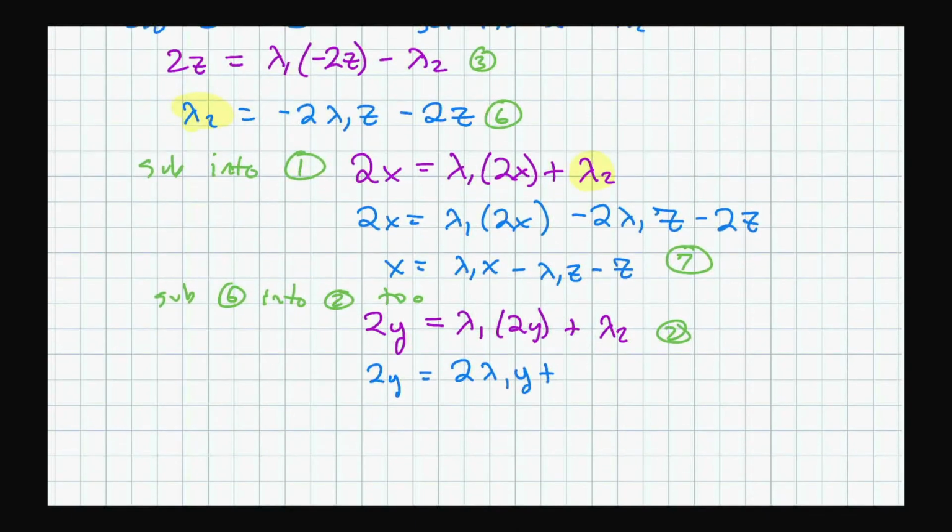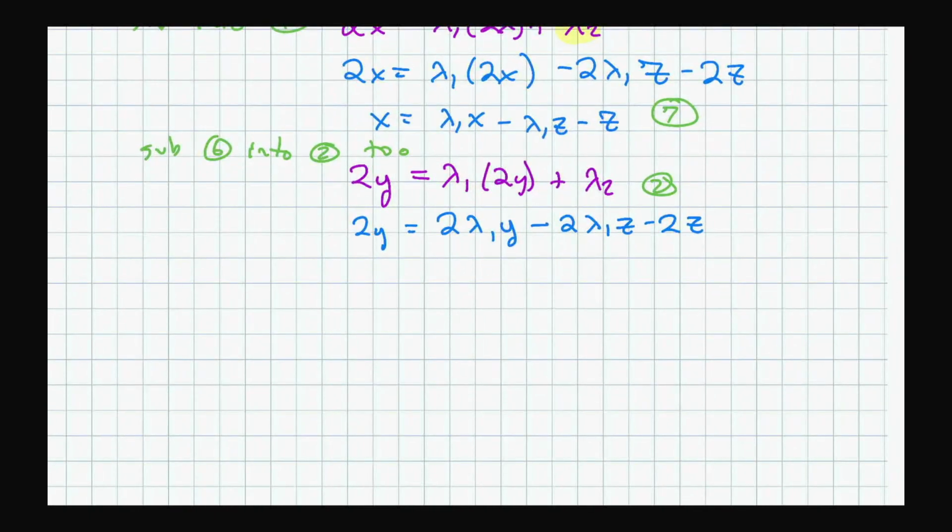But lambda 2 is equation 6. So it is negative 2 lambda 1z minus 2z. Again, everything has a 2. Divide everything by 2. So y equals lambda 1y minus lambda 1z minus 2z. And let's give that a name. Call that 7. Nope, 8.